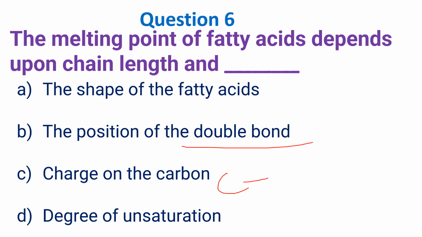The larger the number of double bonds, the lower the melting point. The correct answer is B, the position of double bond.